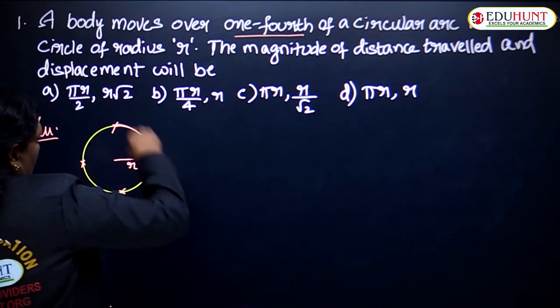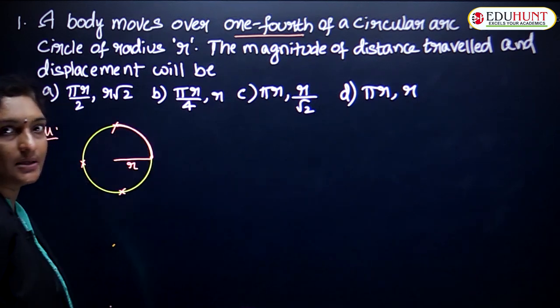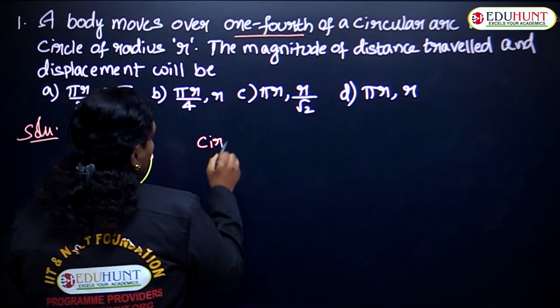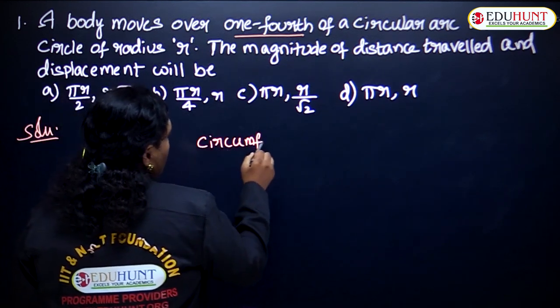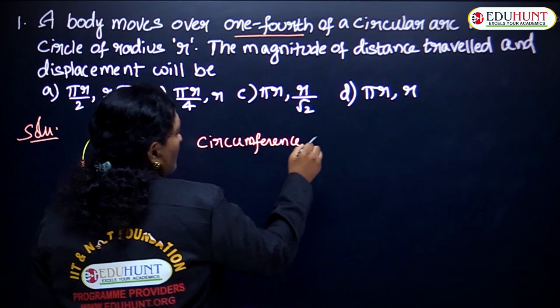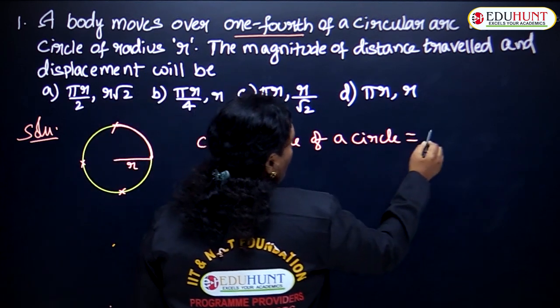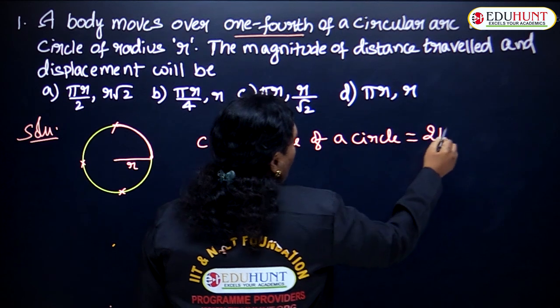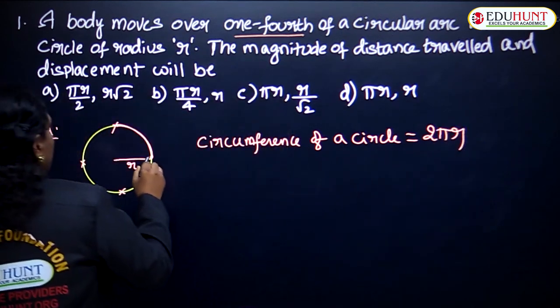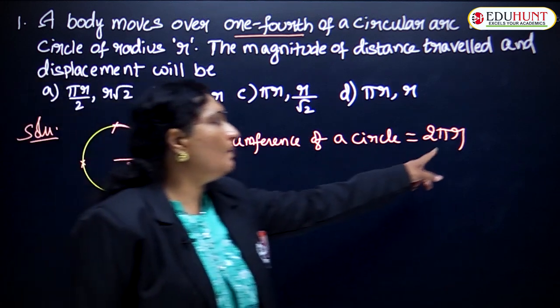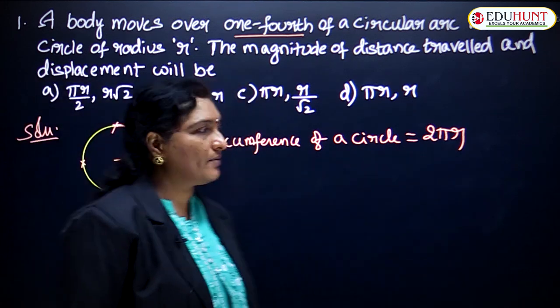Children, if R is the radius of a circle, then the circumference of a circle is given by the formula 2 pi r. The total length of the overall circular length is nothing but 2 pi r, where r is the radius.